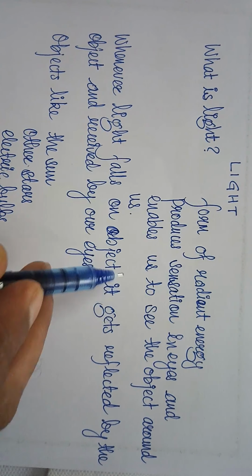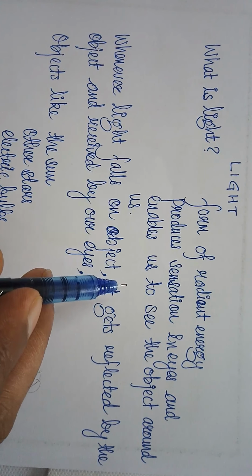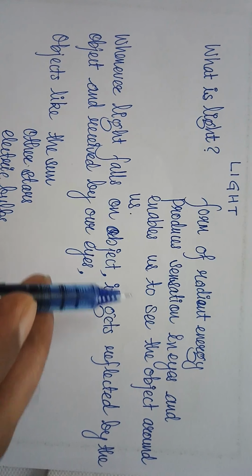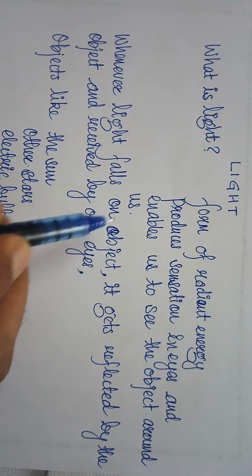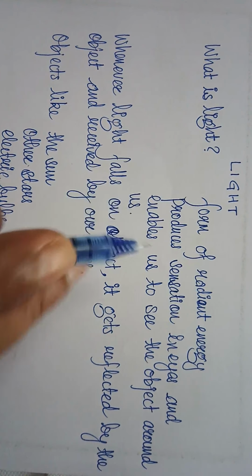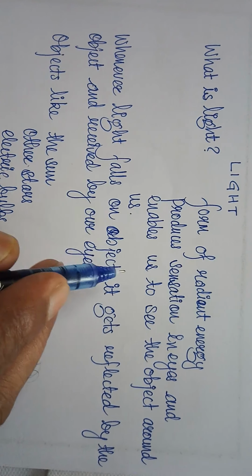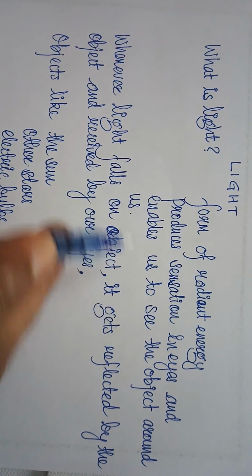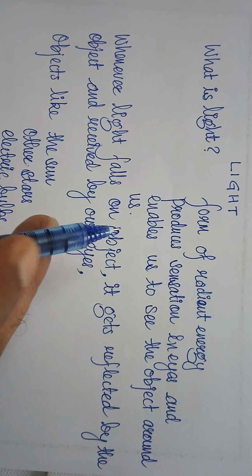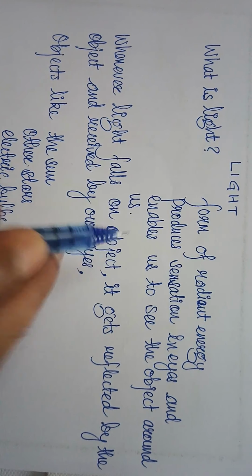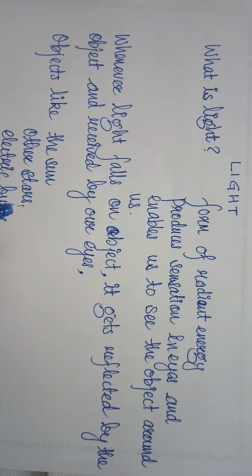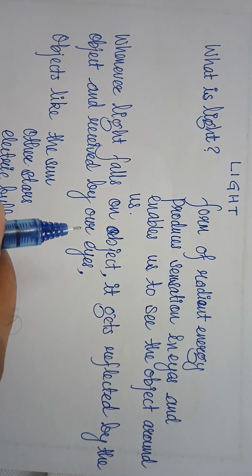Whenever light falls on an object, it gets reflected by the object and received by our eyes. Therefore, we see that object.